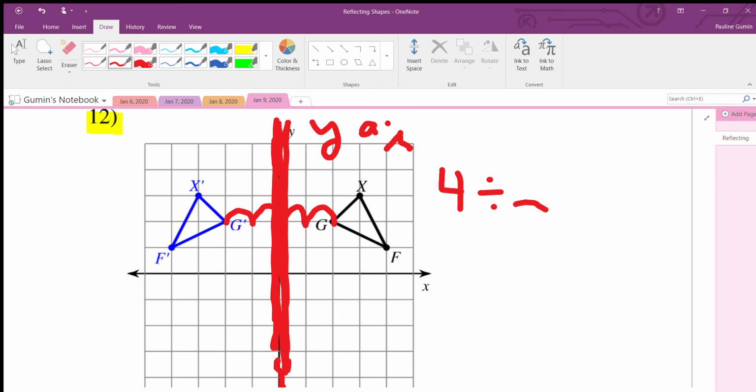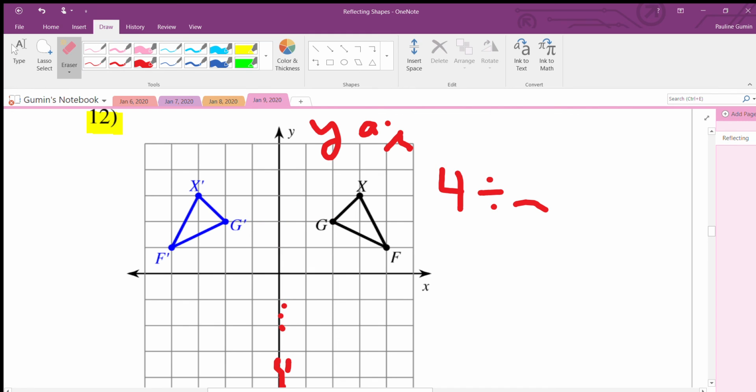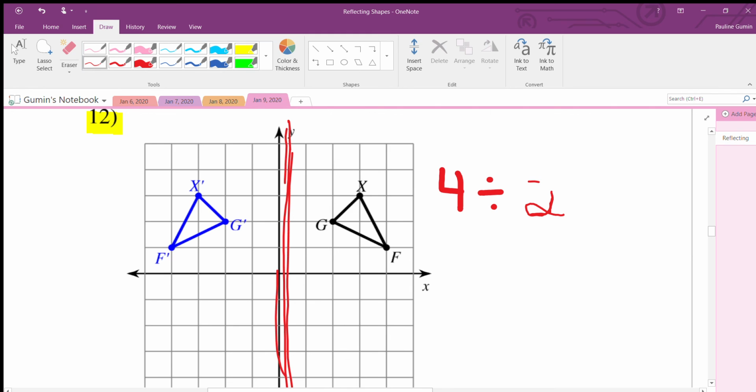So we're reflecting, either you can say over the y-axis, or we are reflecting over the line x equals 0. I'm going to try to write this out again. But I think you guys get it.